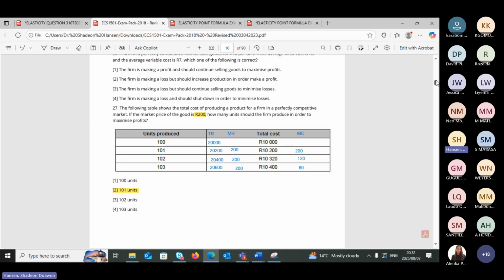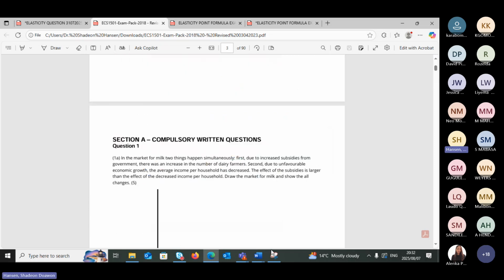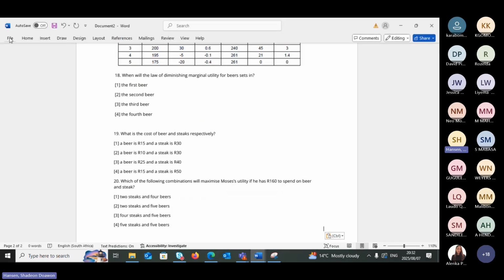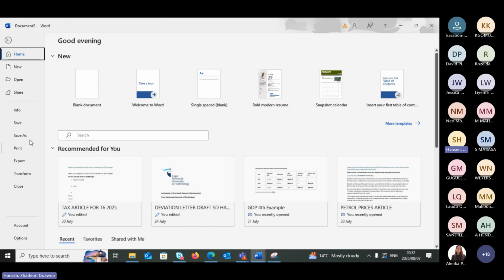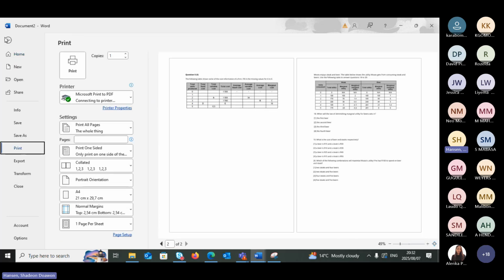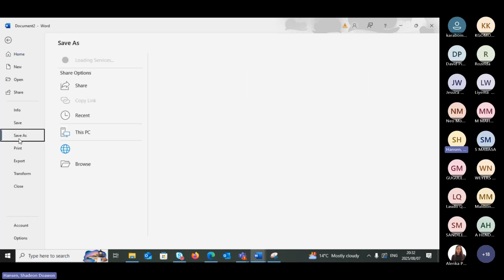So I have it open here. What I'm going to do now is save it as a PDF, and then I'm going to need your input. I don't know why this thing wants to print. I'm going to need your input over here as well, students, so have your calculators ready.